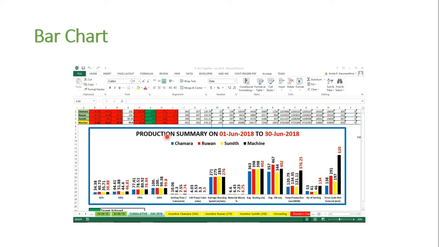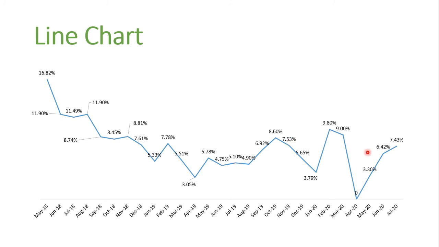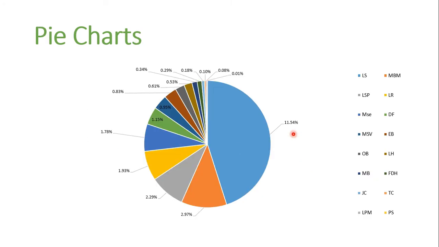These bar charts were completely made inside this lecture series, and this is one of the line charts that has been made inside this lecture, and this is the pie chart that has been made inside this lecture. Once you follow this lecture series, you will be able to make this type of chart very easily.